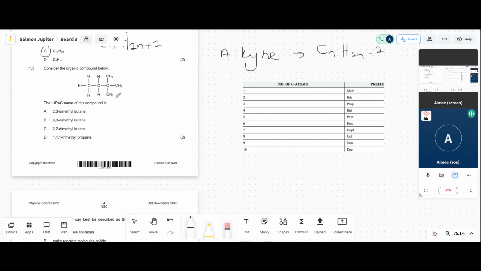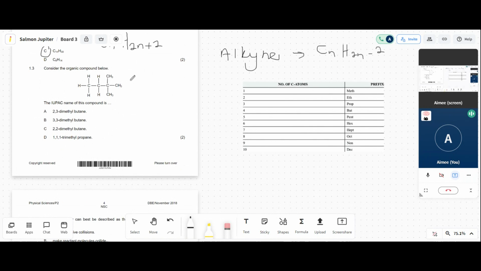So these are branches. So when you're naming according to IUPAC rules, the numbers that you put at the beginning of your name to describe the position of your branches, so these are your branches, need to be the lowest number possible.